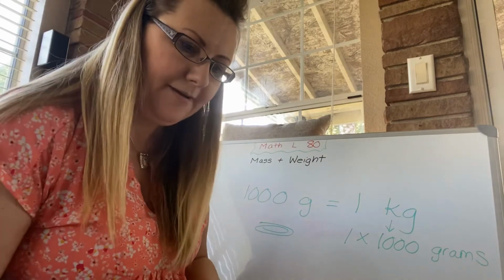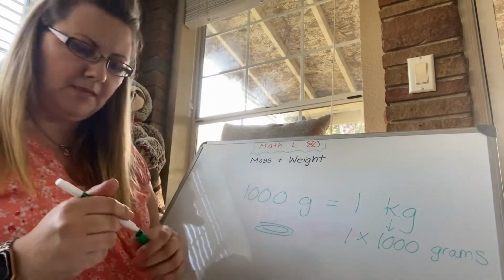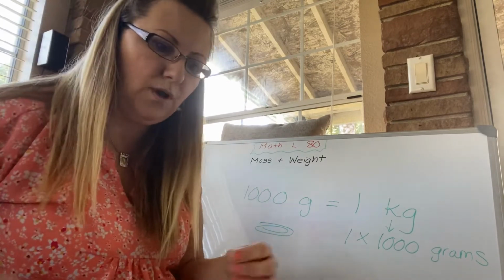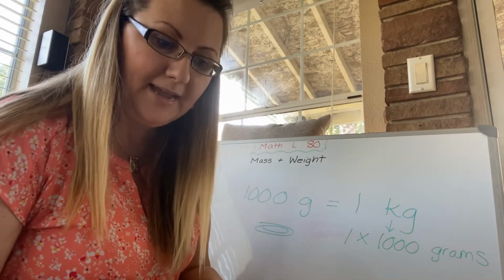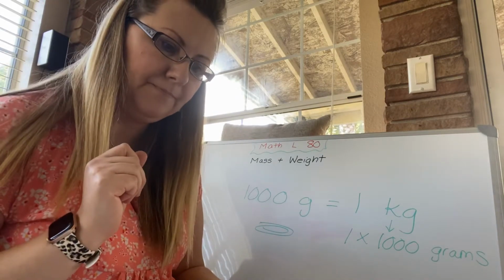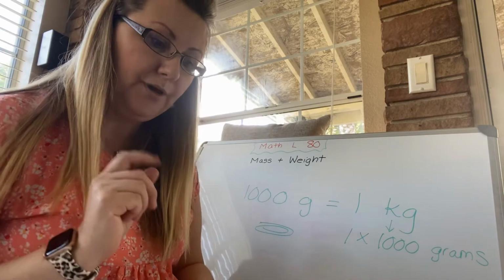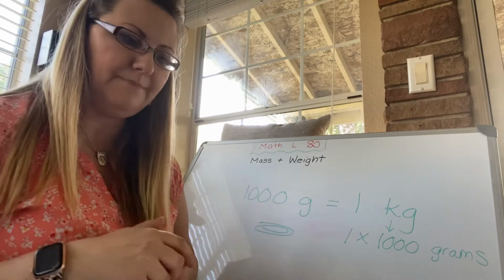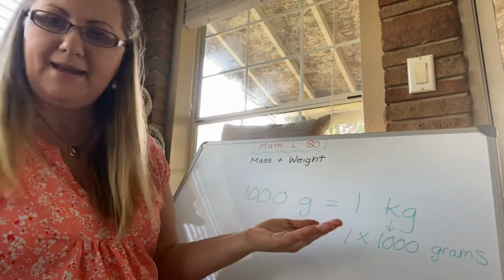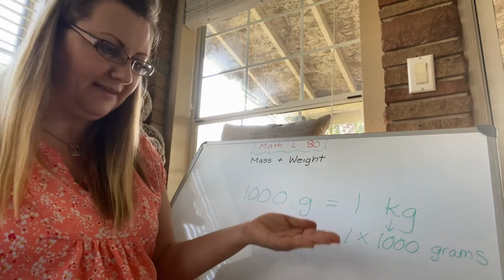It also mentions here in our book that a $1 bill has the mass of 1 gram, and your book has a mass of about 1 kilogram. So 2 pounds, we said earlier, is the weight.